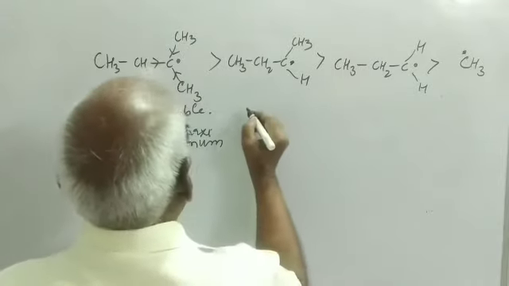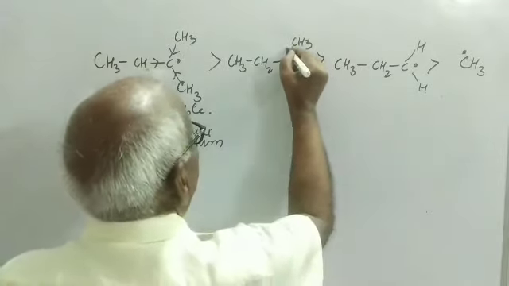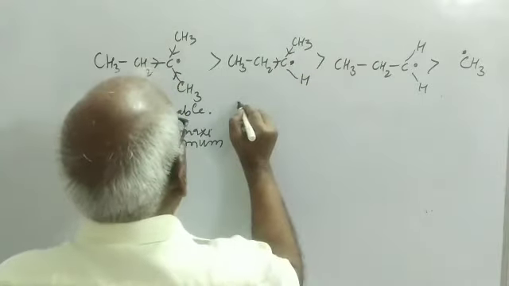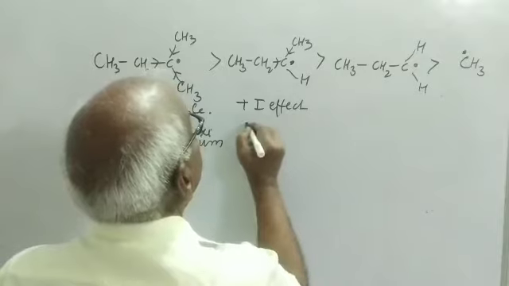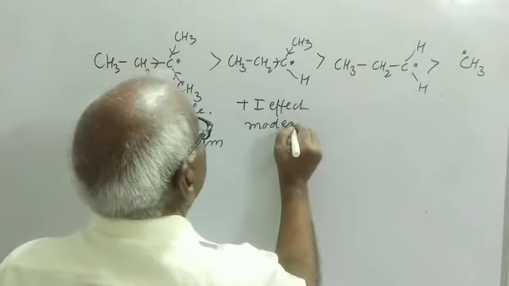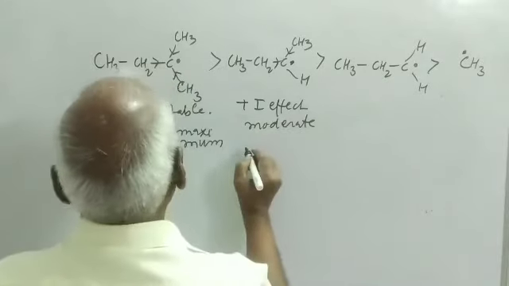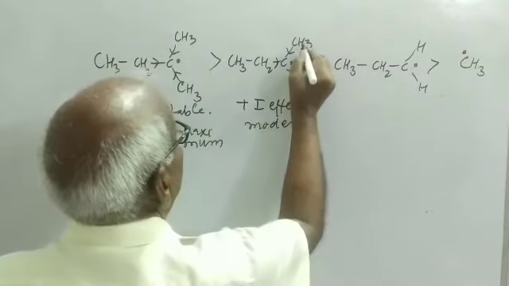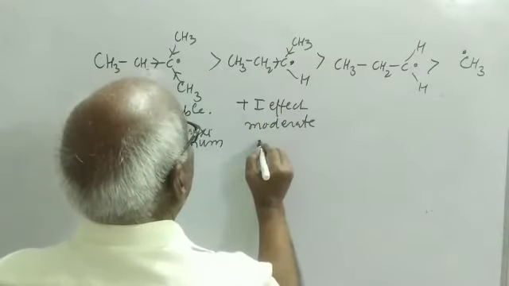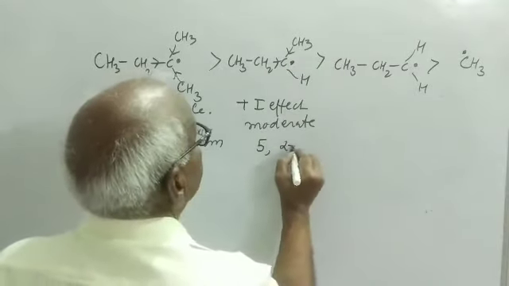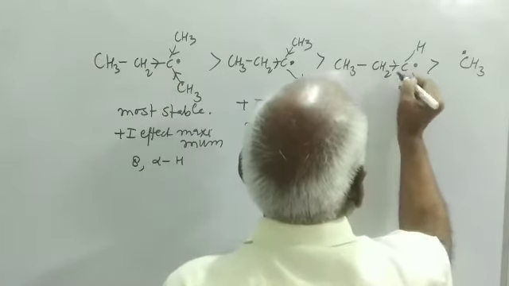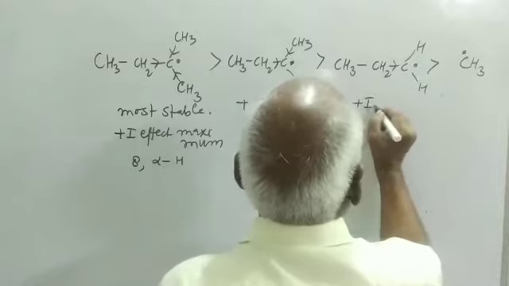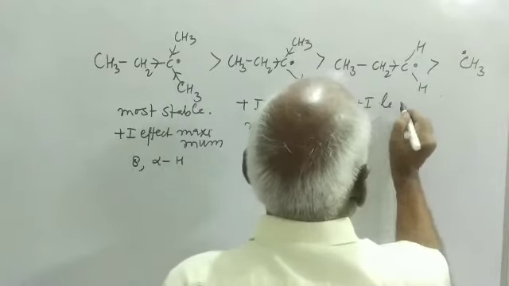In this case, this plus I effect is moderate, and number of alpha hydrogens 3 to 5 alpha hydrogens. In this case, it has got only one plus I effect, least.